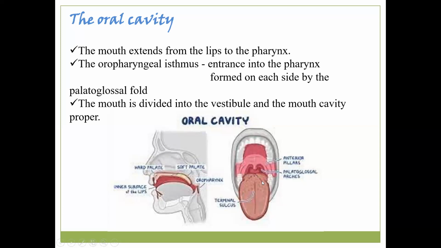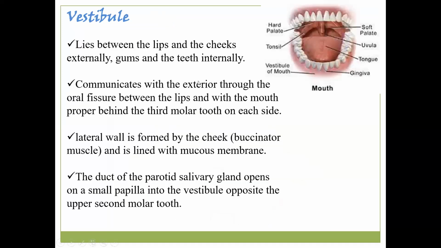Then the mouth can be divided into the vestibule and the mouth cavity proper. First we will discuss the vestibule. The vestibule of the mouth is the part situated between the lips and the cheeks externally and the gums and the teeth internally.